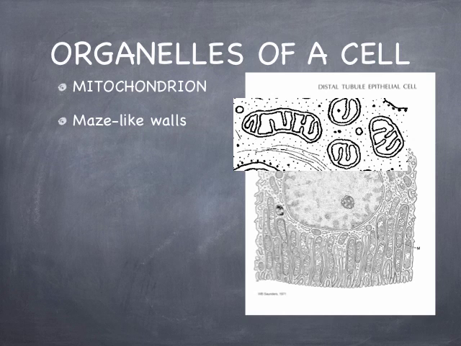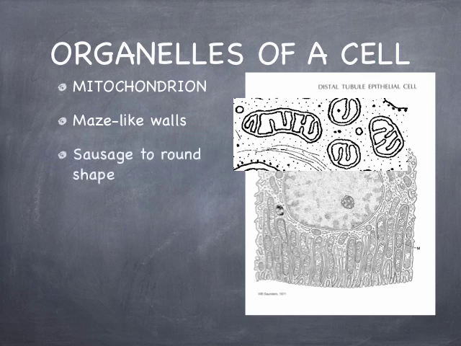And those folds make it look like sort of a maze-like structure. I don't know if you remember going to a restaurant or having a little booklet of mazes you tried to get from the start to the finish, these little walls in here always remind me of that.